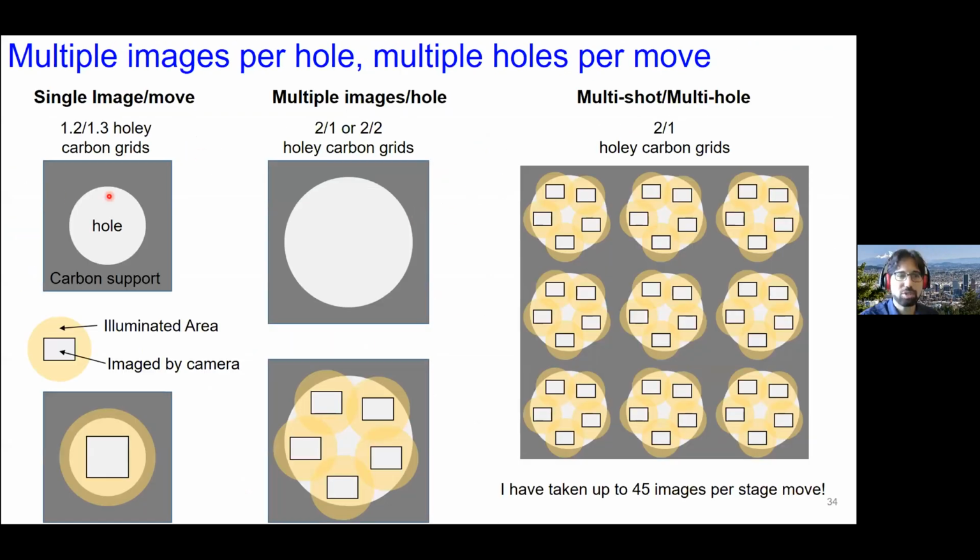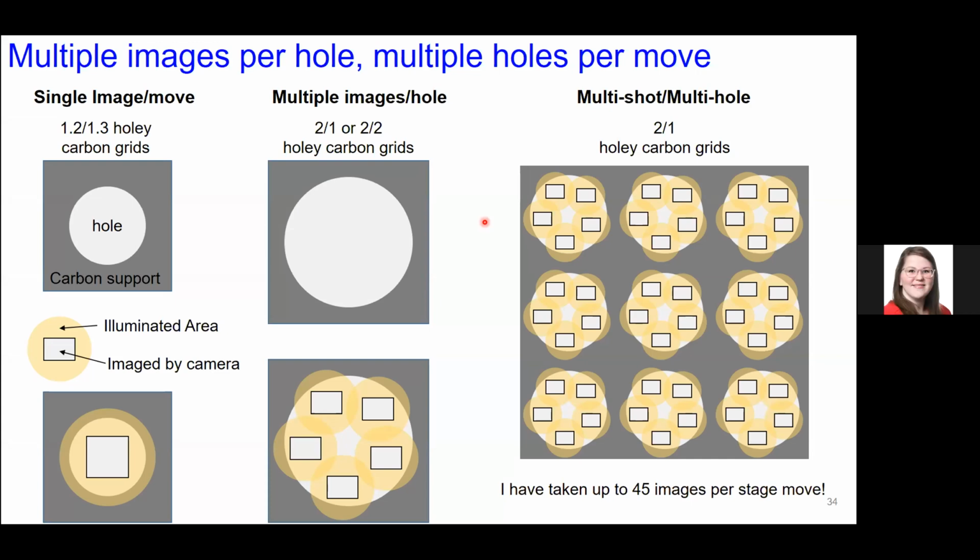In the initial set of experiments, where we were just moving the stage and collecting data, it was very slow. Later on, we were moving the stage, focusing, and then using image shift and beam shift to collect up to 45 images. That really sped up our data collection. So that might have been an earlier question that was answered later on.